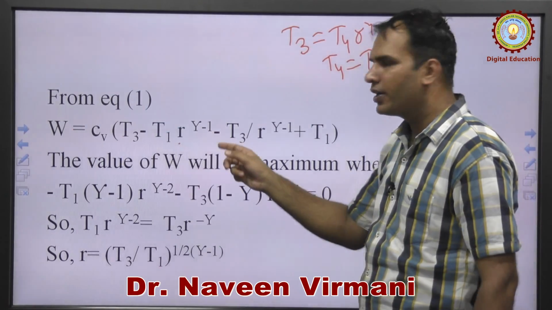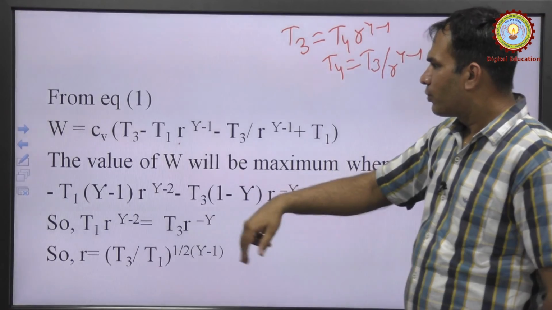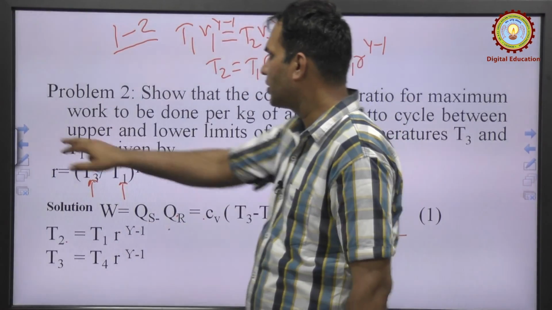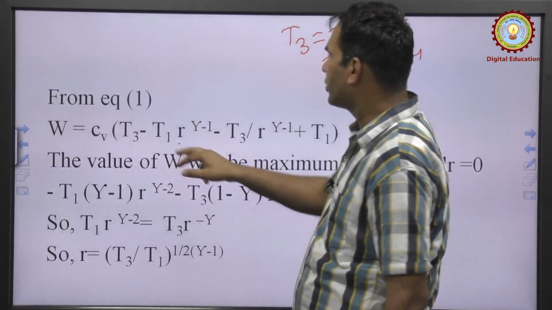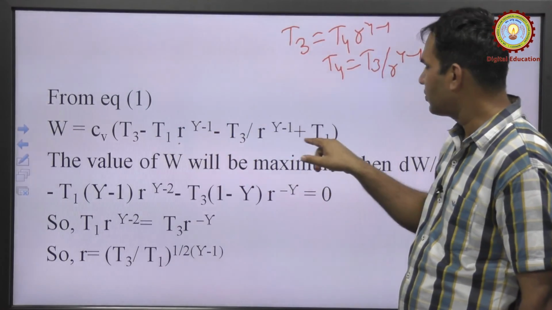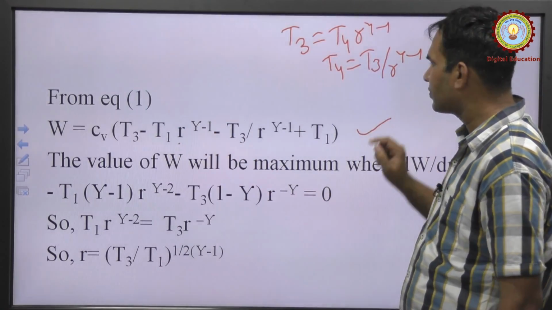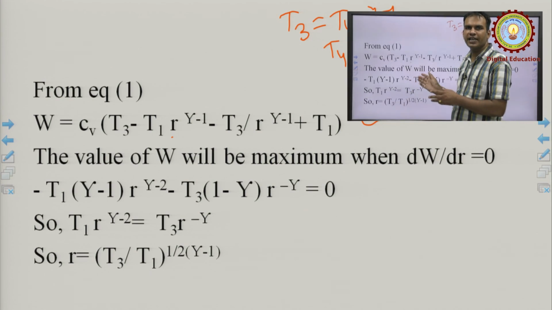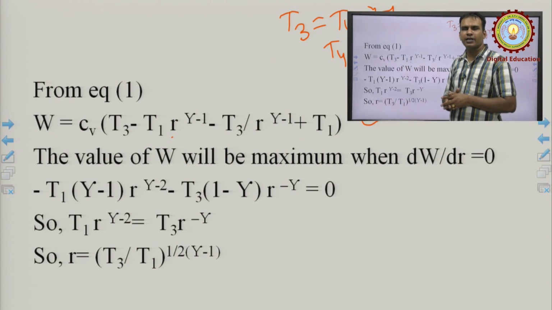So, putting the values of T2 and T4 in equation 1, where T2 is T1 R^(gamma minus 1) and T4 is T3 by R^(gamma minus 1), we get this expression. Now, for the maximum or minimum value we have to differentiate the expression and put it equal to 0.